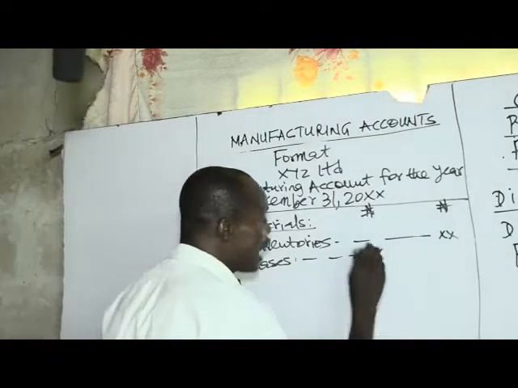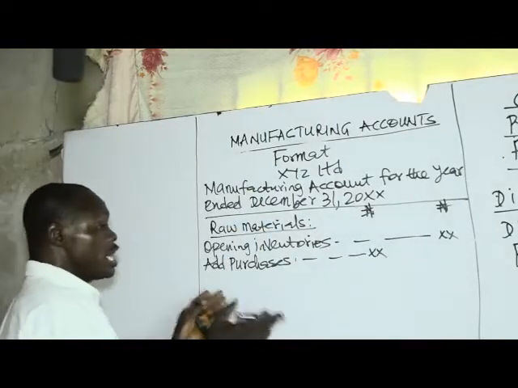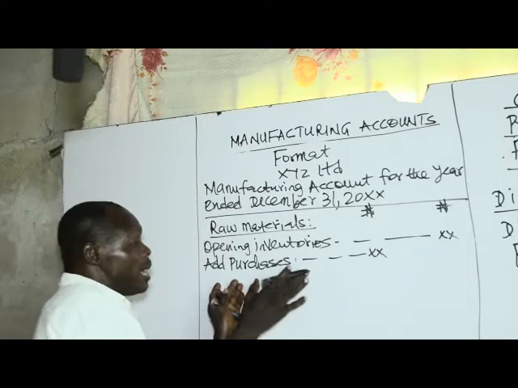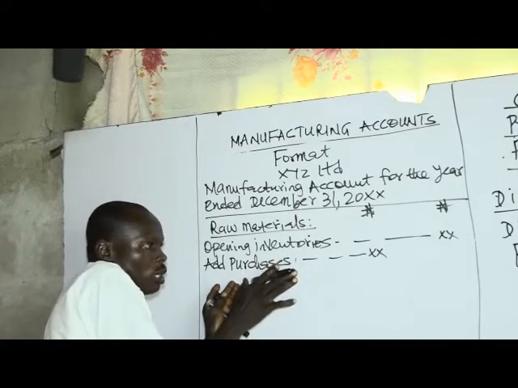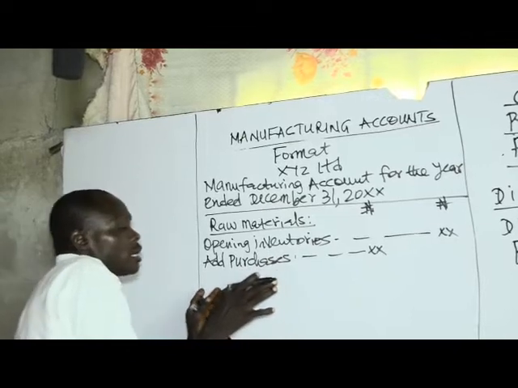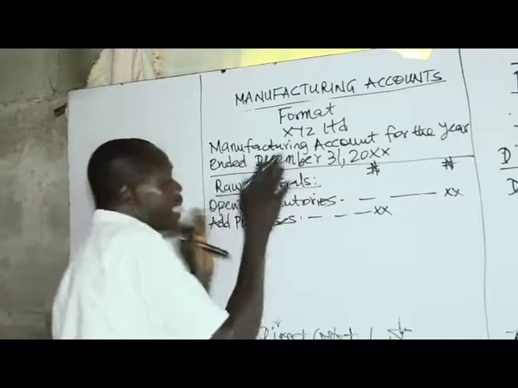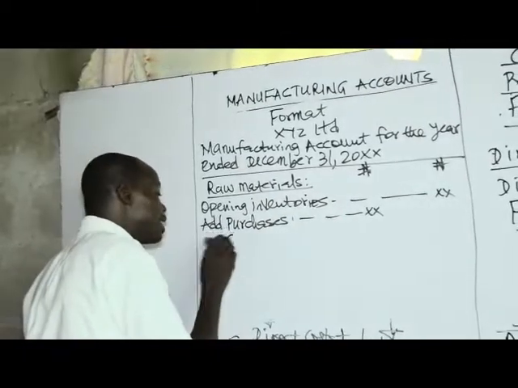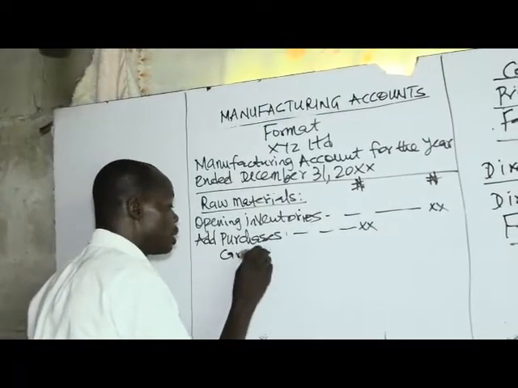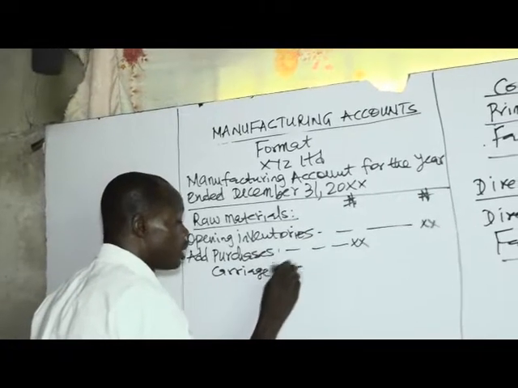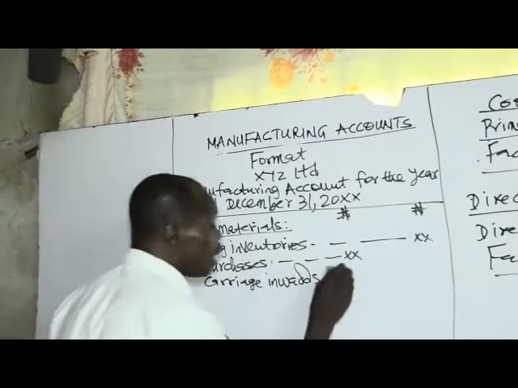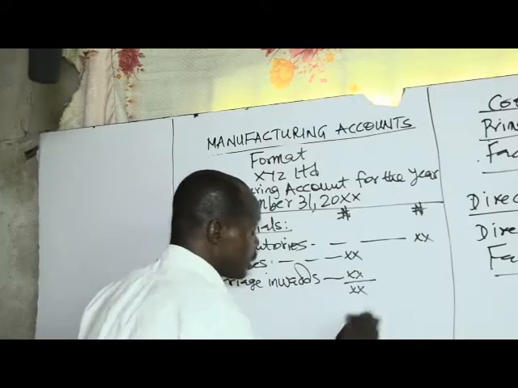When you add the purchases, if you incur some expenses in bringing the goods bought to the site, those expenses incurred in carrying those goods will be added to the purchase. So we add carriage inwards. Carriage inwards can also be called carriage on purchase.